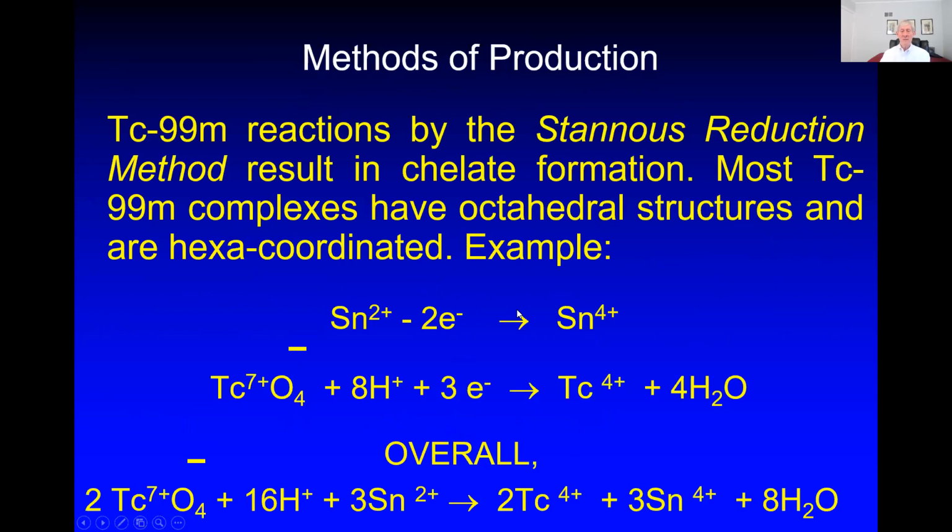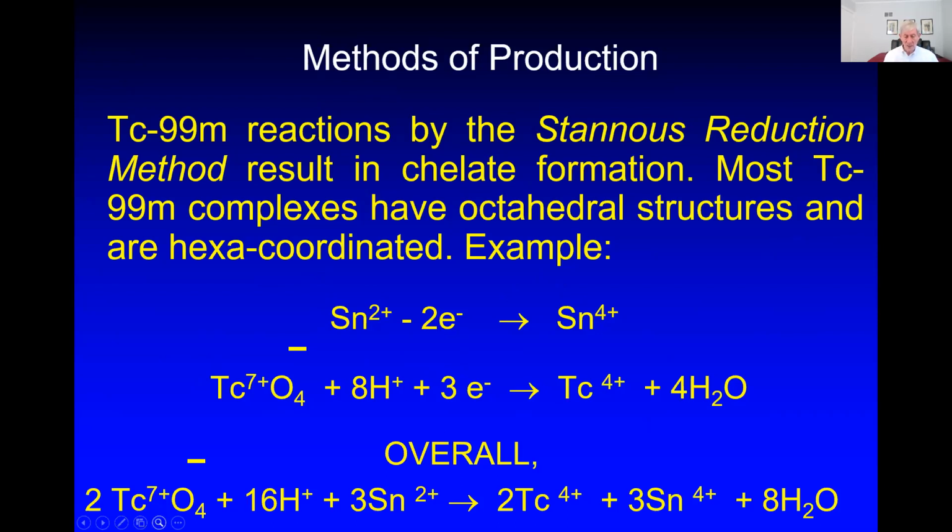Now let's look at the overall reaction of the stannous reduction method. Here we can see that the tin lost 2 and went to tin 4, and pertechnetate gained 3. Now, I mentioned earlier, if we multiply this equation by 3 and this one by 2 to balance the electrons, so that we have a loss of 6 and a gain of 6, look at the overall equation.